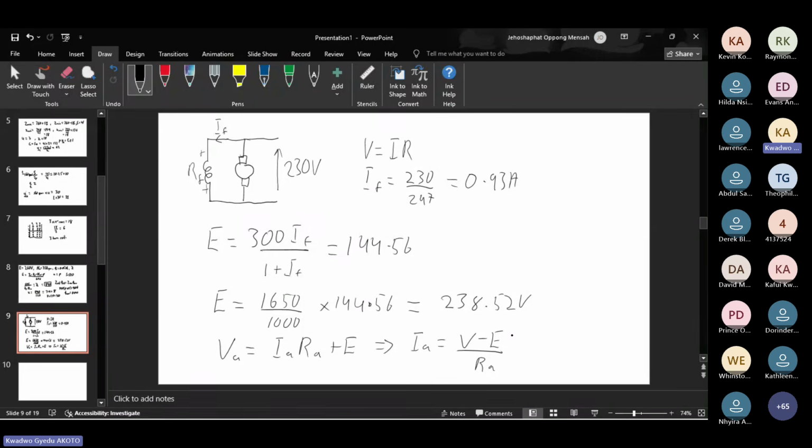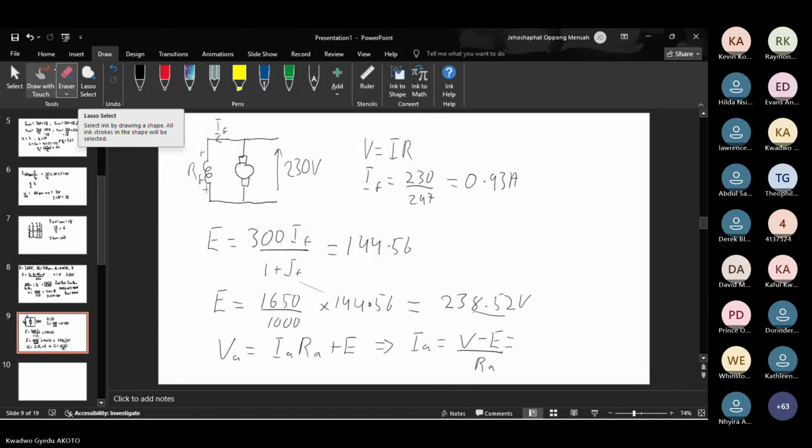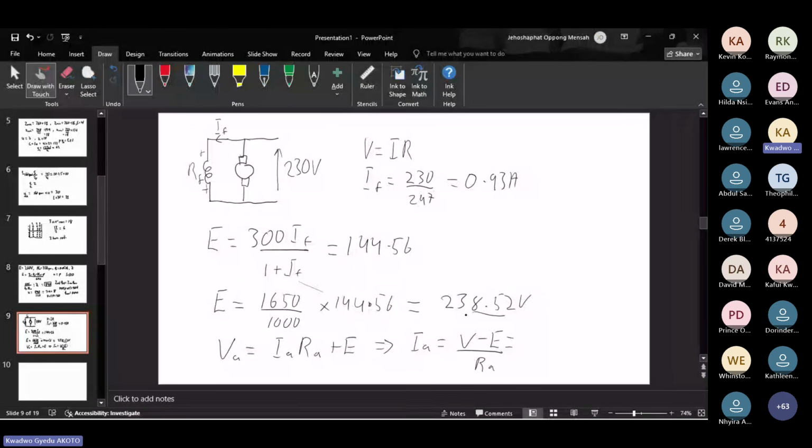So at a speed of 1650, we have E to be this, and we're going to have our IA to be equal to 71.03 amps.